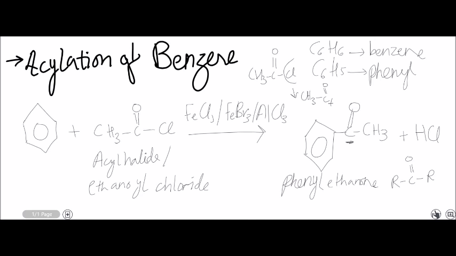It's going to be positively charged. So since it's positive, it's going to love an electron rich species, right? So it's going to act as an electrophile, a species that loves electrons, and it's going to attack the benzene ring because obviously it likes electrons. So this over here is going to be our electrophile.